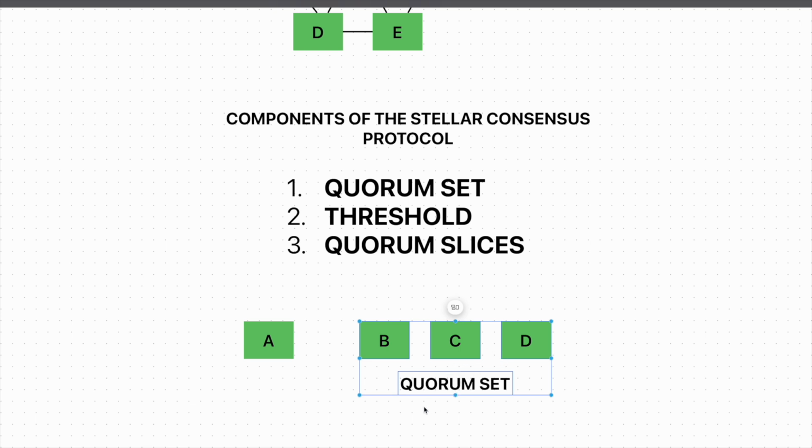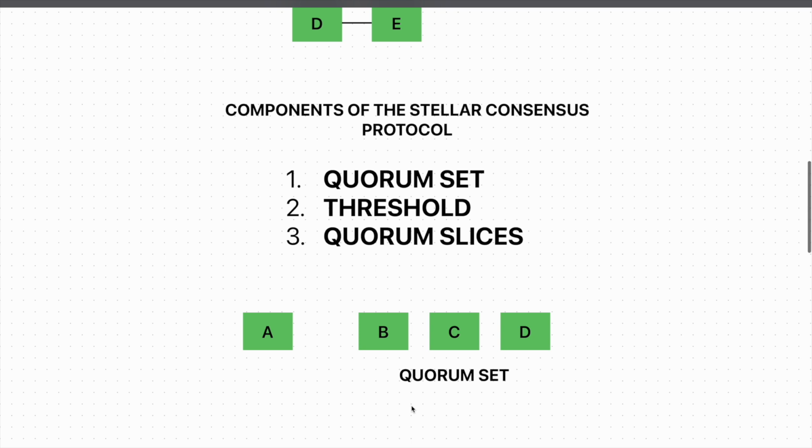It is required for the consensus to be valid: for this particular number of nodes from my quorum set, I want that number to be the valid number of nodes that can proceed with the consensus. That's the meaning. So aside from the quorum set, there needs to be something called the threshold.